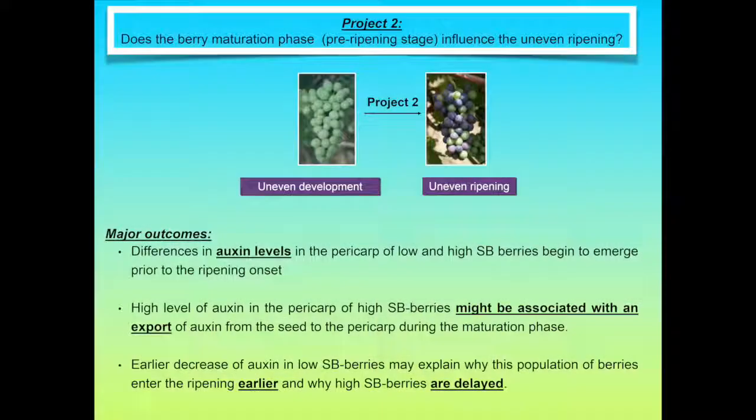So the main outcome that we can draw from that is that the difference in auxin level in the pericarp of low and high SB begins to emerge prior to the ripening onset. And this could be associated with the seed contents, and auxin could be exported from the seed to the pericarp. An earlier decrease in the low SB berries might explain why these populations of berries enter into the ripening earlier.